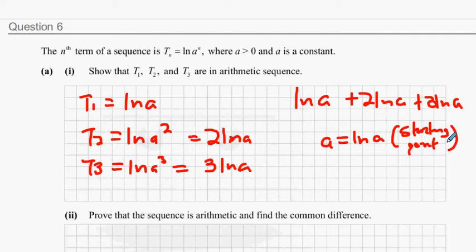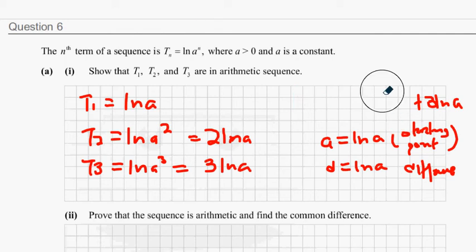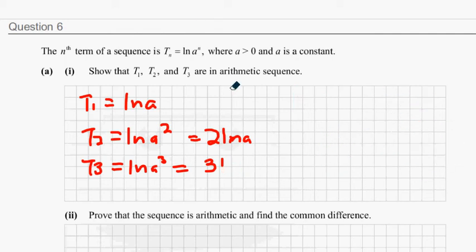To prove it's an arithmetic sequence, D will also equal ln A, the common difference. But to prove it's an arithmetic sequence, we may have to do Tn minus Tn minus 1.